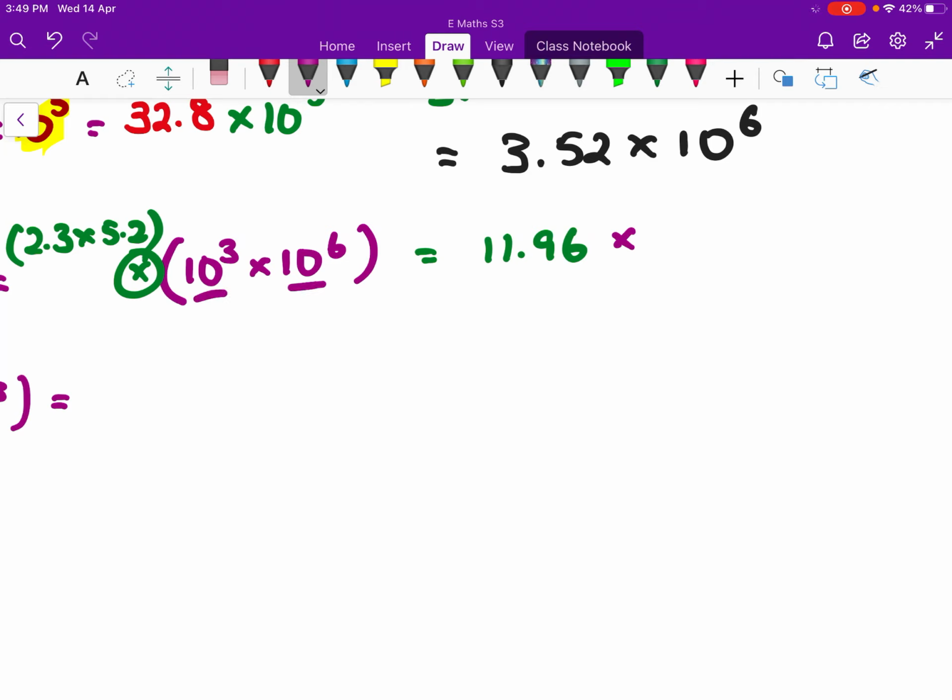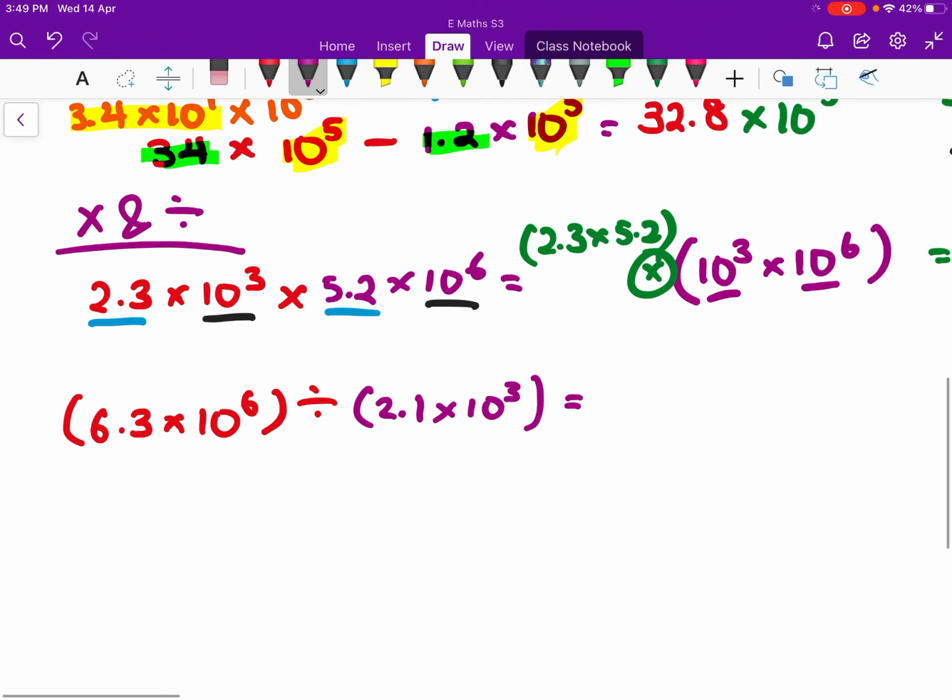Since they have the same base, the index is different, so you just add them together because this is multiplication. So 3 plus 6 is 9. So it's not 10 to the power of 18, it's 10 to the power of 9.